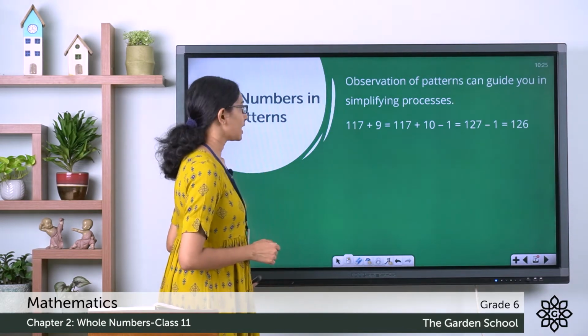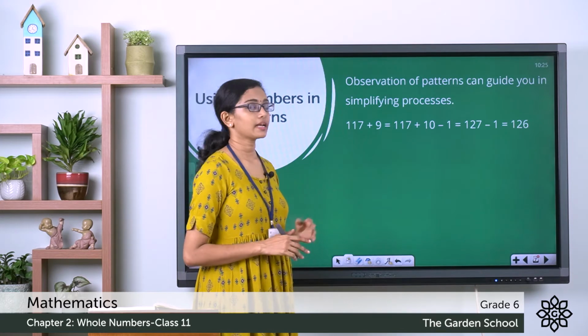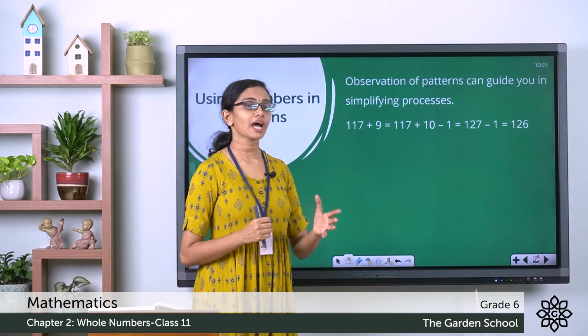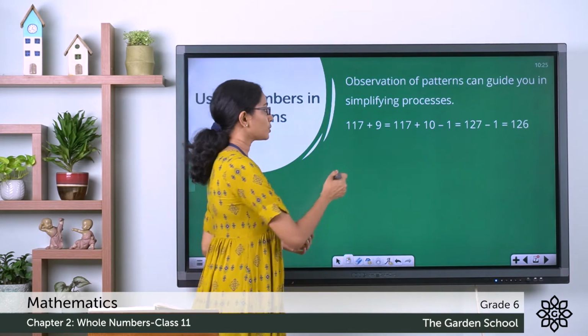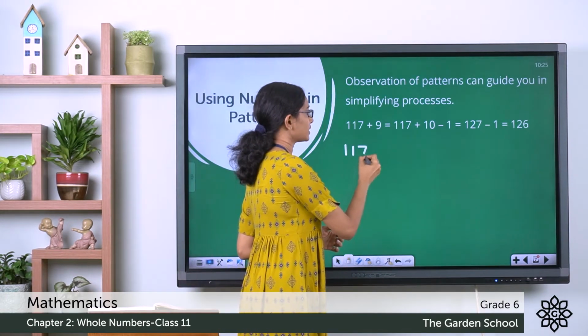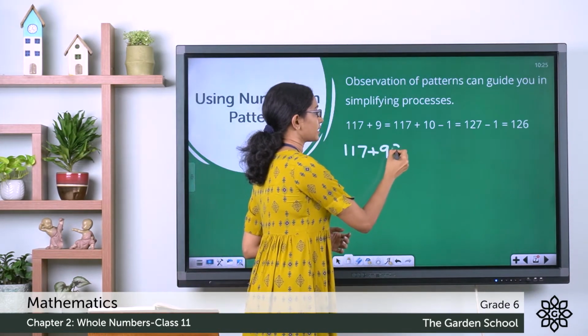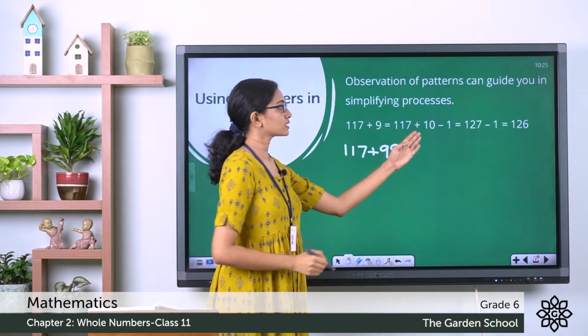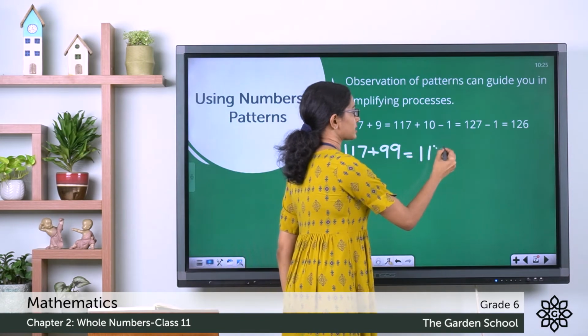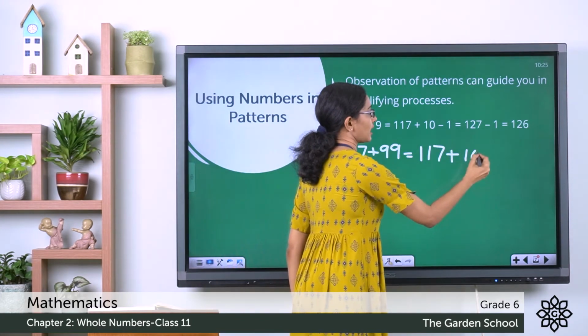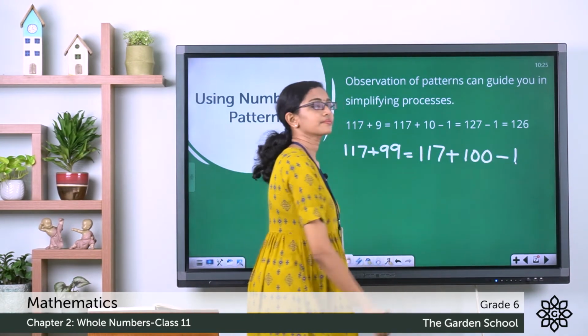Now, I am going to replace this 9 by 99 and follow this pattern here. So it would be 117 plus 99. If I follow this pattern, this should be equal to 117 plus 100 minus 1.